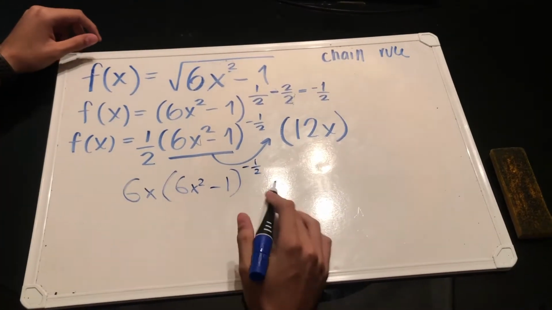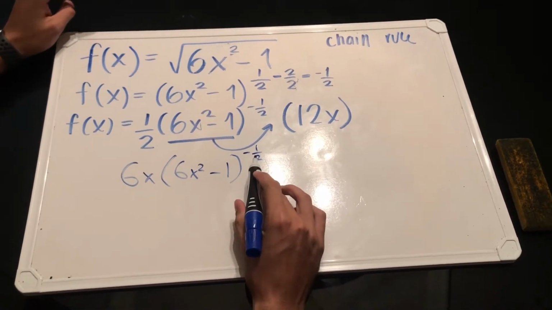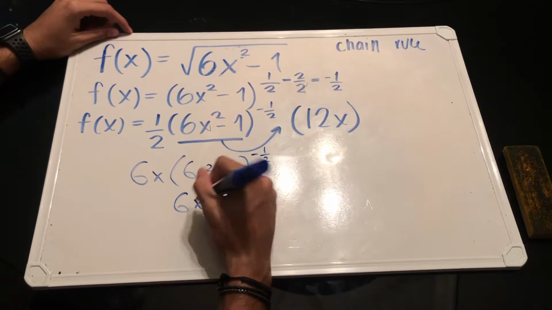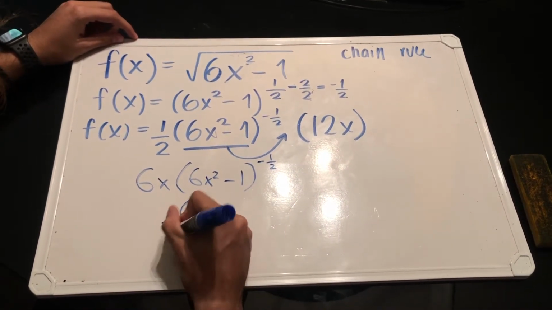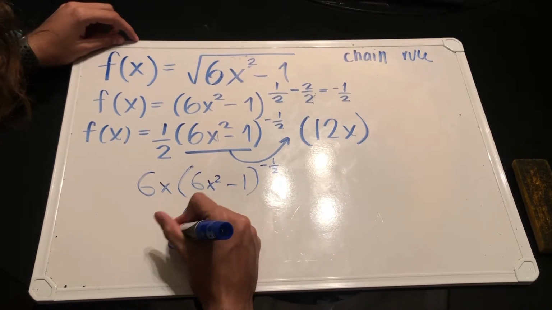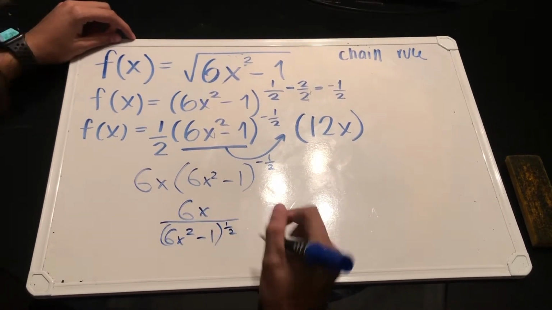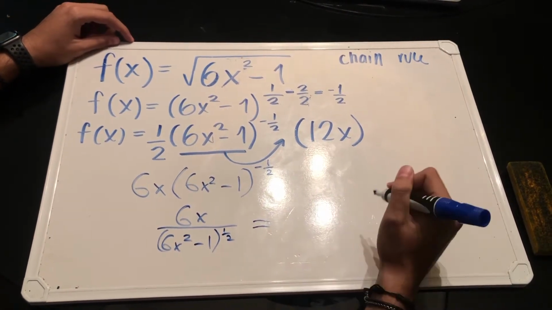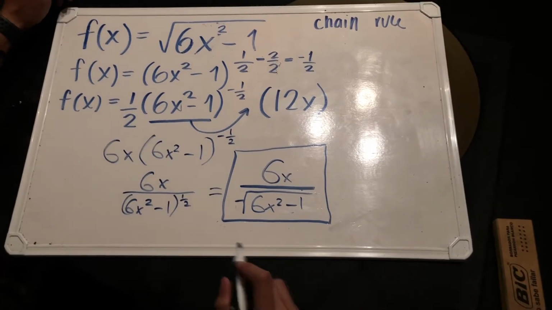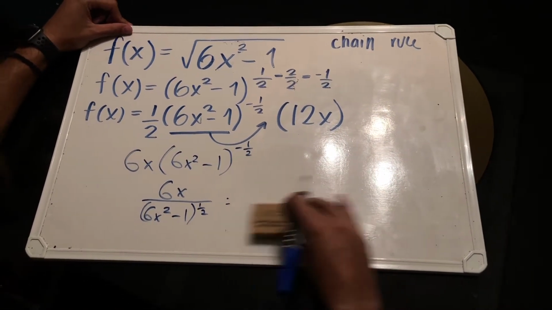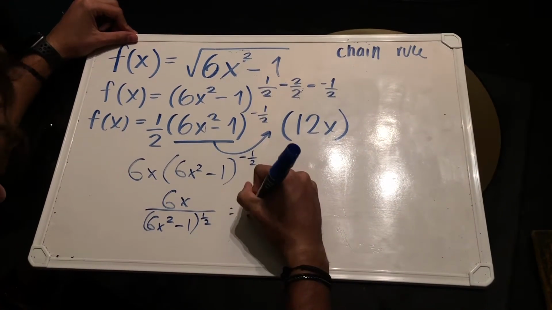Okay, but you cannot leave the negative exponent in here, so you need to pass it down, which is 6x squared minus 1 at 1/2, and when you get a fraction at the exponent, it is equal to a square root. Okay, so this is the final process, but for the answer, you need to put f of x.